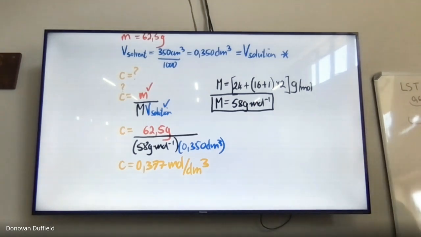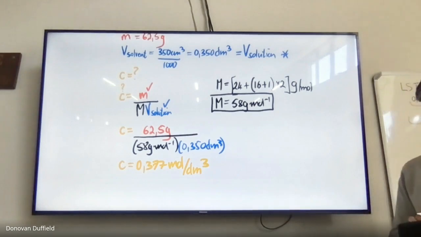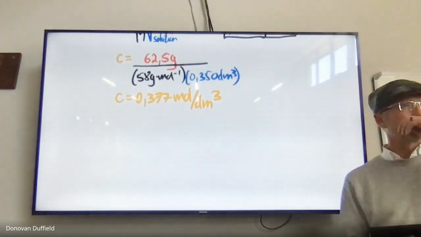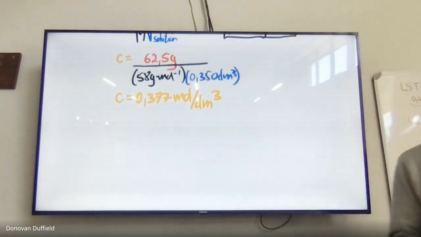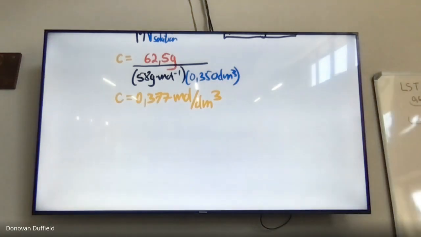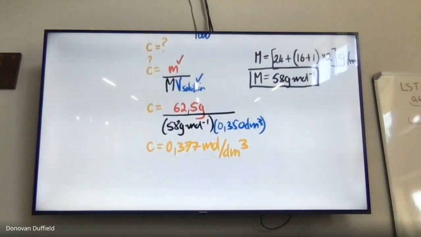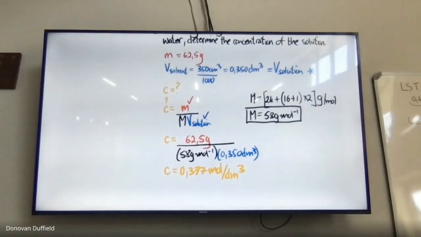Now, let's talk about notation. Did you get 3.071? Okay, so have I made a mistake? Let's take a look here. We've got 62.5 grams divided by bracket 58 times 0.35.